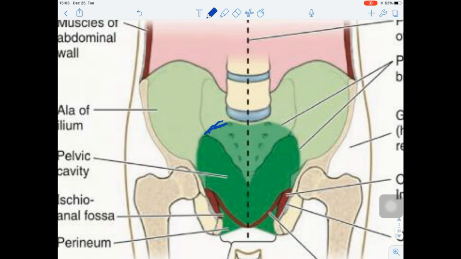You've got a line called the linea terminalis, okay? So there is the linea terminalis running like this. There is the arcuate line on the ilium, and the continuation is going to go over the pecten pubis of the pubic bone. So you will have the pelvic inlet formed. At last, you will get to the upper part of the pubic symphysis. Okay? So this is pretty much about the pelvic inlet.